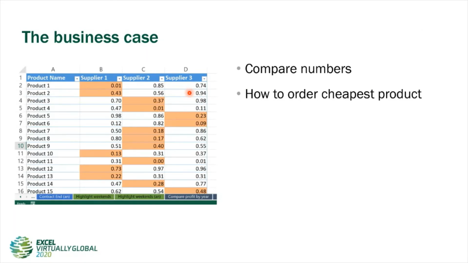We are looking at which product from which supplier we want to order, and the condition here was the smallest price. So for example, the first product I need to order from supplier 1, the second one the same, the 10th one the same, but the others are different. And here you can see how to do this.